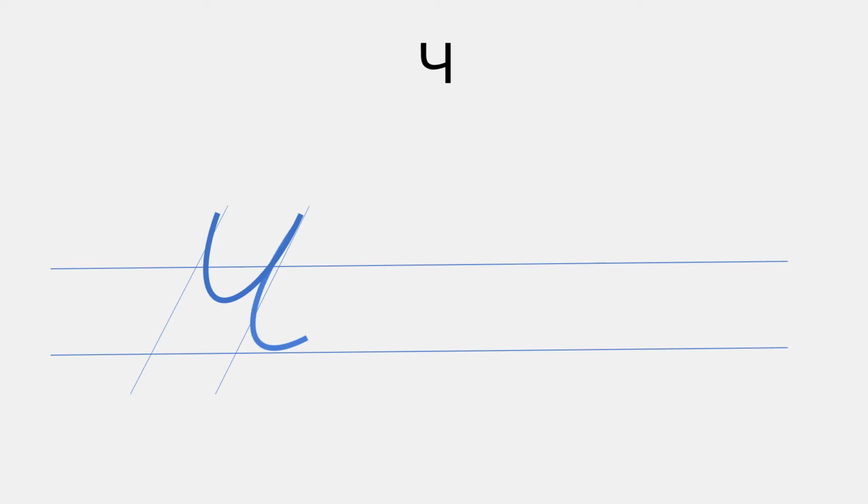It's very easy, just a matter of practicing. Underturn, hook, underturn, hook. I try to keep my hook in my main slant angle. So practice, write this Ch a couple of times, say it loudly, Ch, this is the sound Ch, and then we will look at a name with Ch.